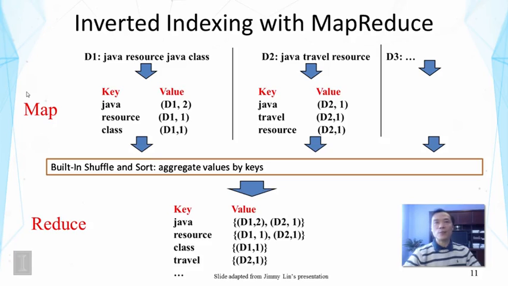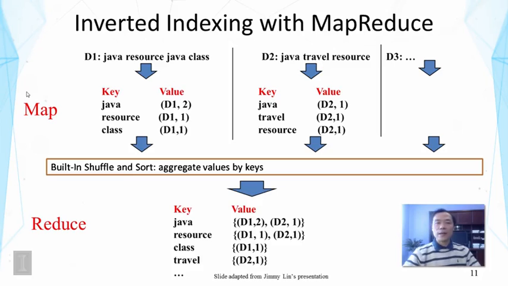Now you can easily see why we need to add document ID here. Of course, later in the inverted index, we would like to keep this information. So the map function should keep track of it. And this can then be sent to the reduce function later. Now similarly, another document D2 can be processed in the same way.